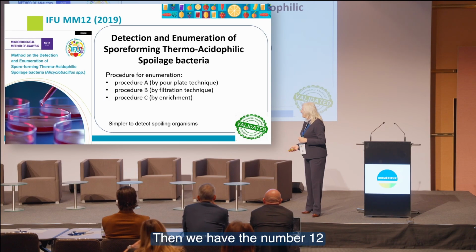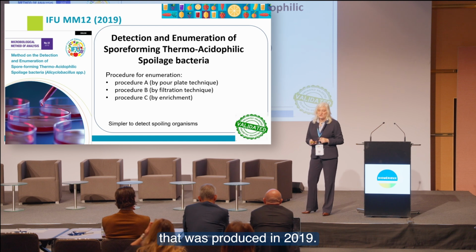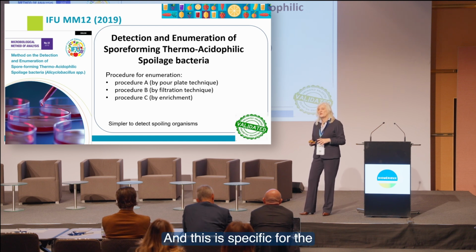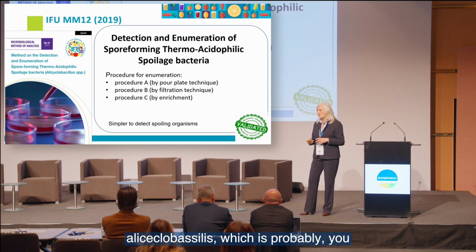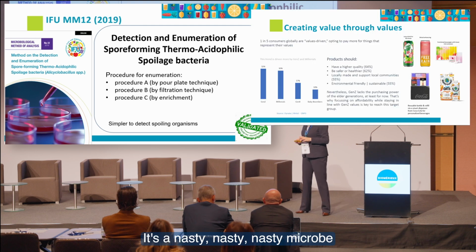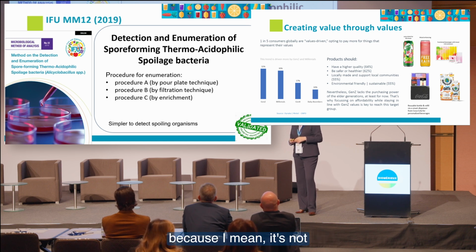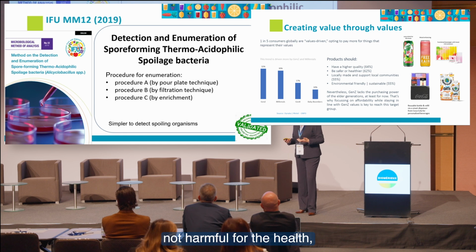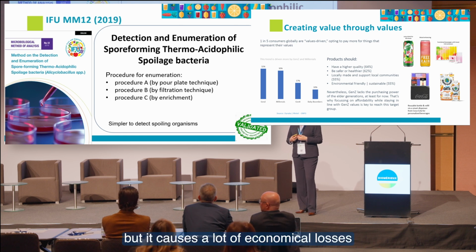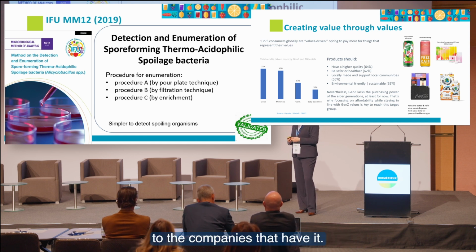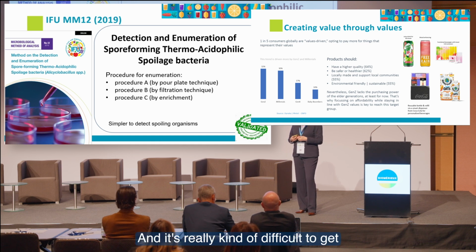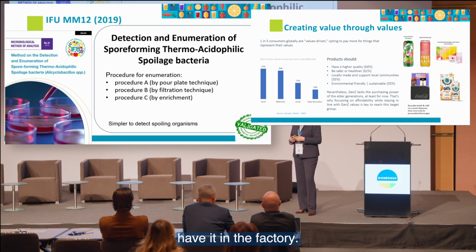Then we have the number 12 that was produced in 2019. And this is specific for the Alicyclobacillus, which is probably, you know, and if you don't know, you better not know. It's a nasty microbe because it's not harmful for the health, but it causes a lot of economical losses to the companies that have it. And it's really difficult to get rid of it once you have it in the factory.